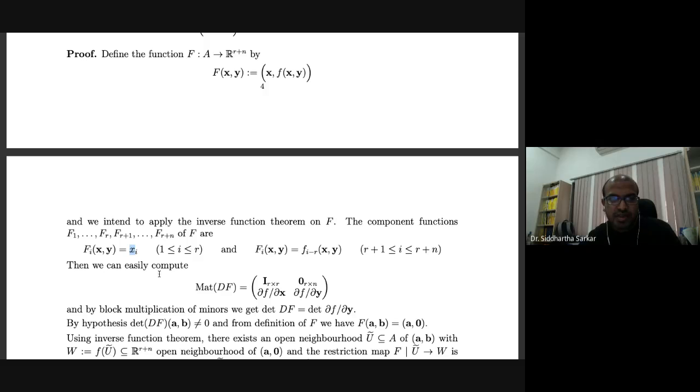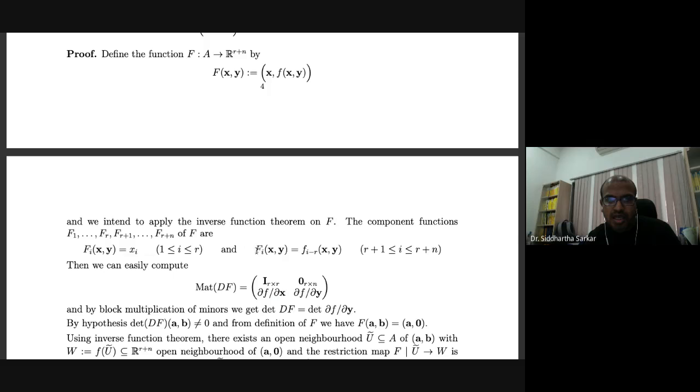The first r by r entries will look like the identity, because xi goes to xi. Then in the column below I'll end up differentiating. Sorry, what I have to compute is this: I look at the jth column, so I just fix the column, and with respect to x I'm trying to differentiate.